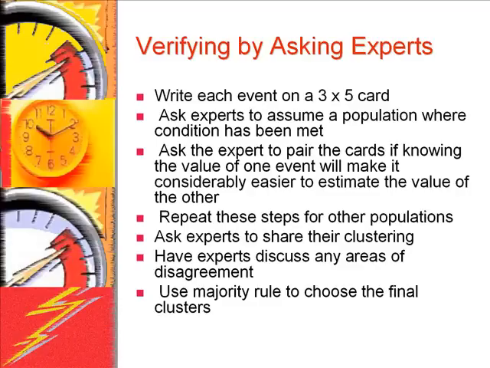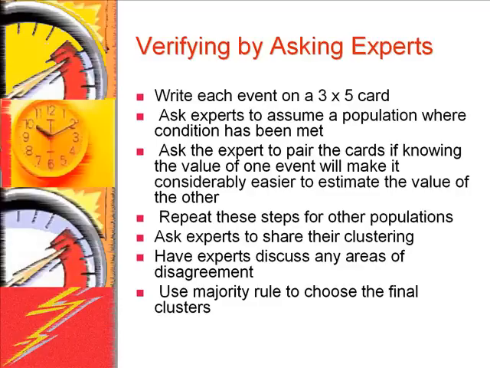Gustafsson and others described a procedure for assessing independence by directly querying experts. The steps are: write each event on a 3x5 card. Ask experts to assume a population where condition has been met.